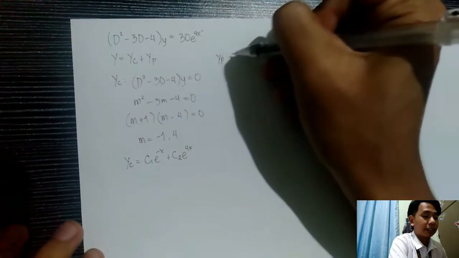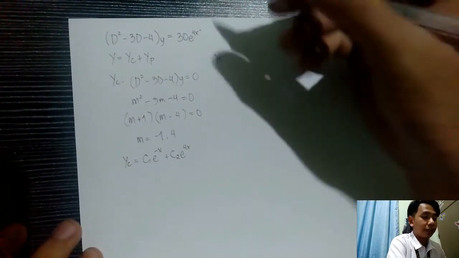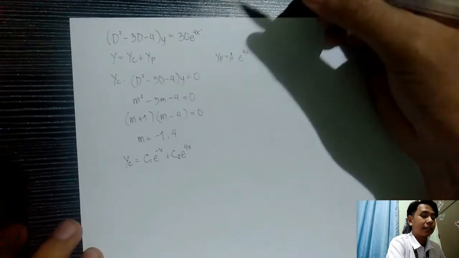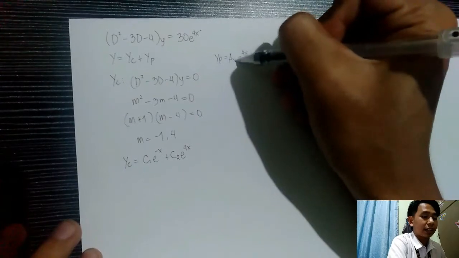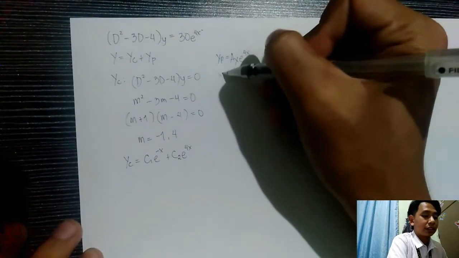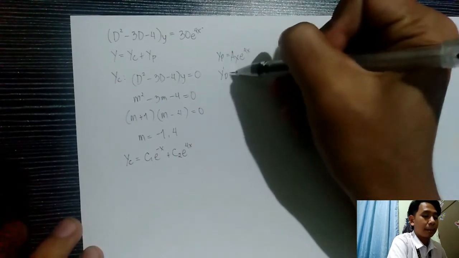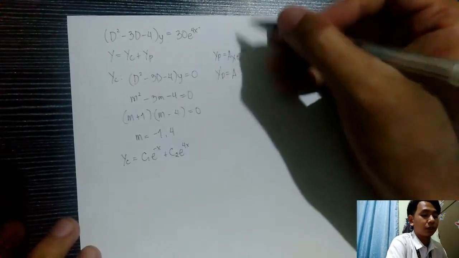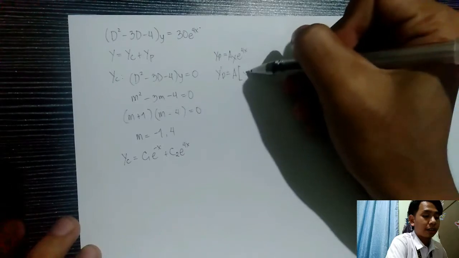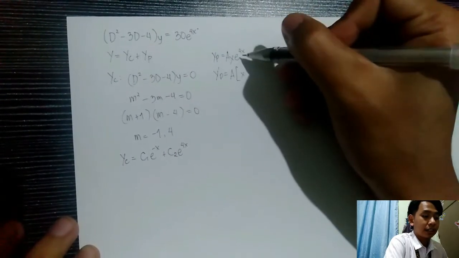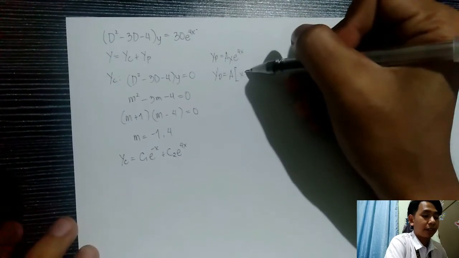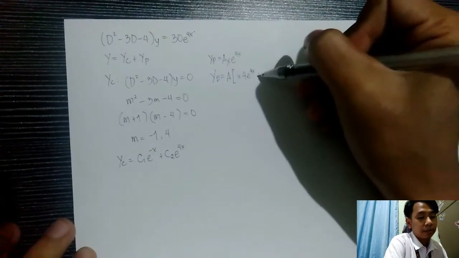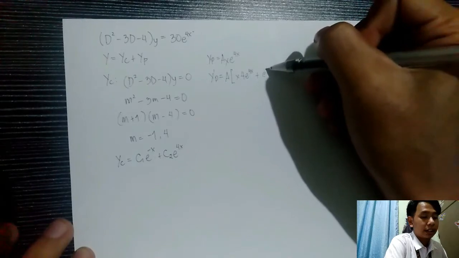So our y sub p, since it is e raised to 4x, is a e raised to 4x, then we multiply by x. So let's differentiate. The a is a constant. Then, multiplication rule: x, then the derivative of e raised to 4x is 4 e raised to 4x, plus e raised to 4x.